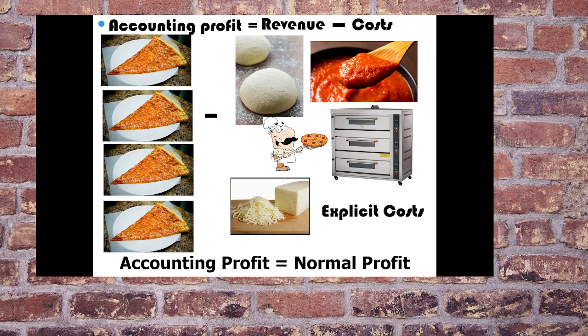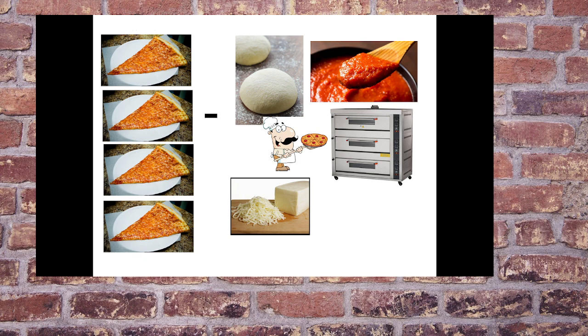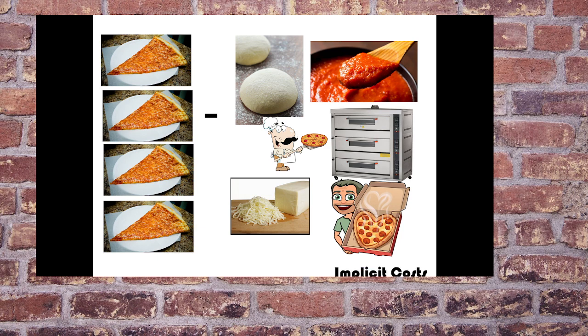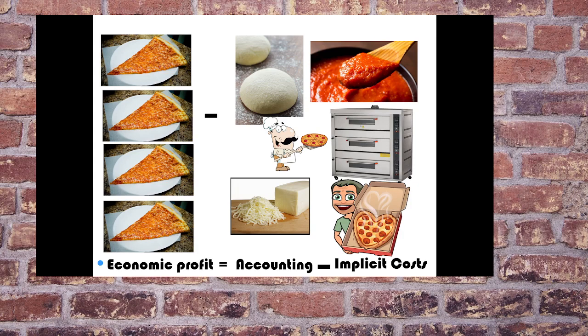We're not an accounting class, boys and girls. We're in economics, so we're going to add one thing to this: the cost of the entrepreneur. So you have your land, your labor, your capital, and then we throw in the implicit cost, the cost of the entrepreneur. And going backwards, economic profit is accounting profit minus implicit cost.